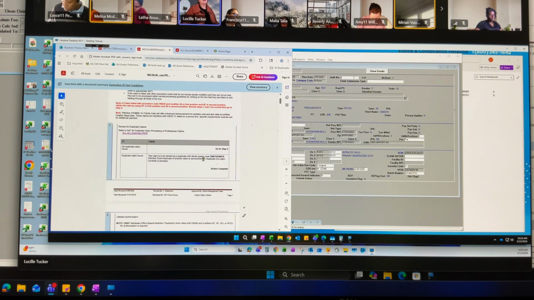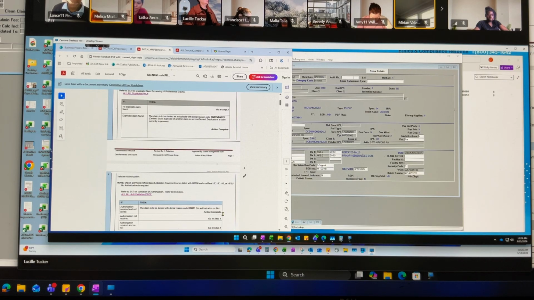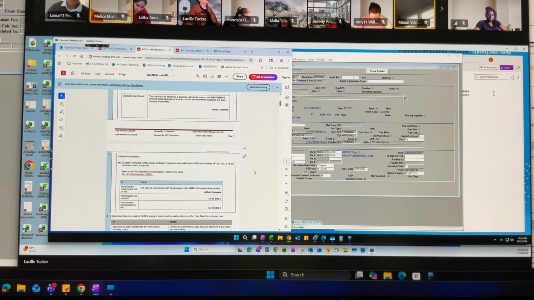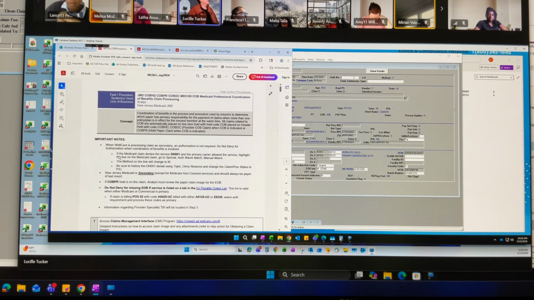So you kind of have to keep in mind that although I have to price the claim, those COB auth waive instructions trump the needing an authorization here in the MNFEE, okay?